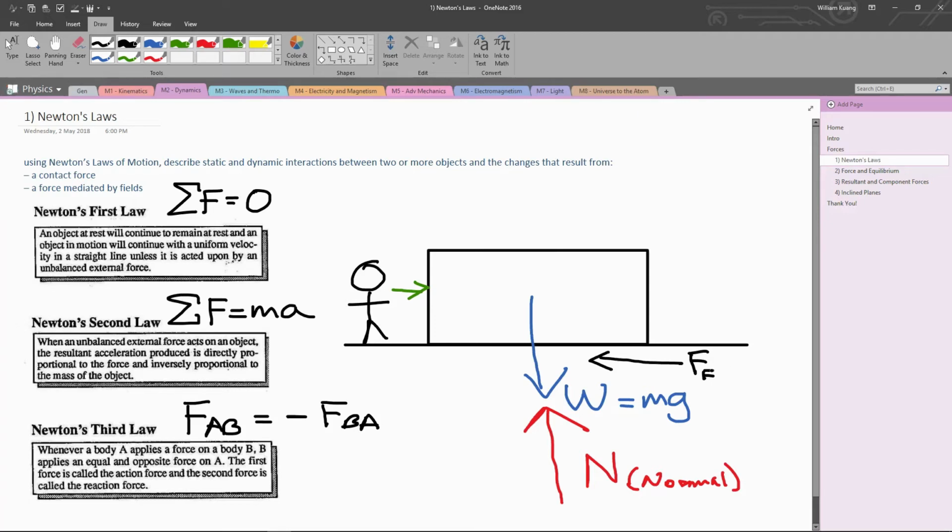Okay, so this friction force, I'm just going to draw it a little bit shorter to be more realistic. Okay, so this friction force always acts opposite to the intended motion direction. So because this person is trying to push this object to the right, friction will act to the left.